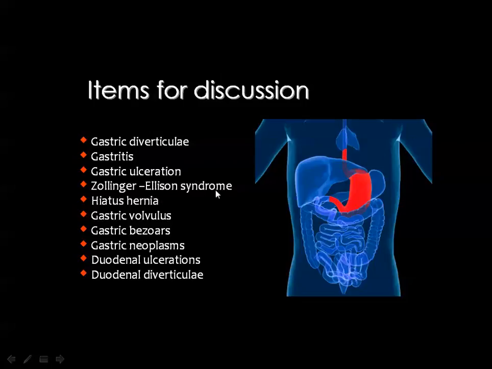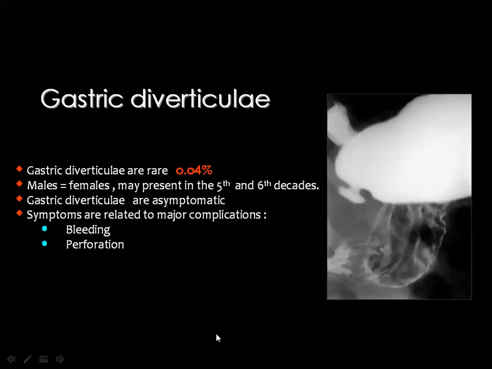The Zollinger-Ellison syndrome and hiatus hernia had been discussed with the esophageal sector. Gastric volvulus, gastric bezoars or foreign bodies, and the gastric neoplasms. We will also have a look at the duodenum, considering ulcerations and diverticulitis.